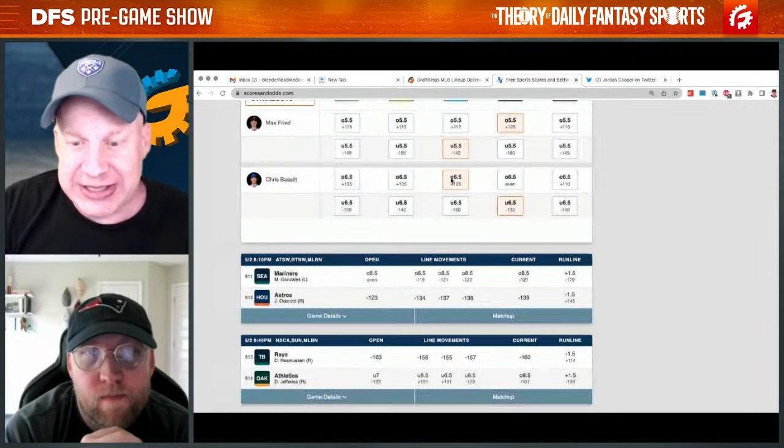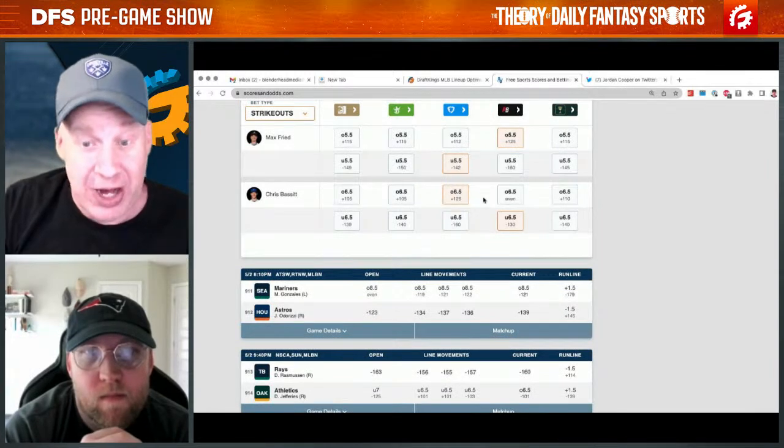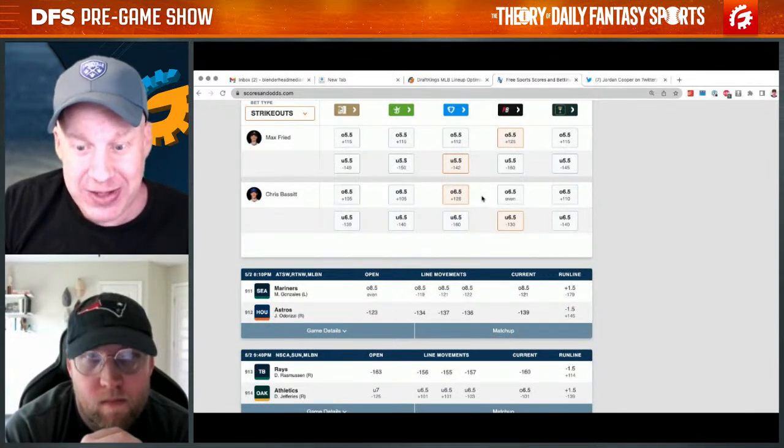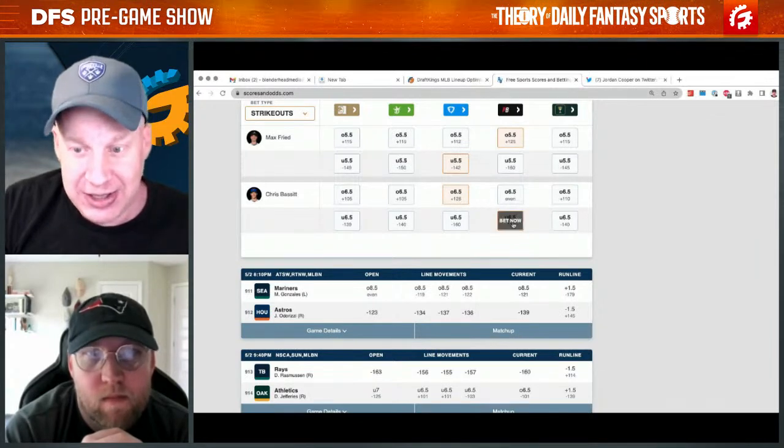So let's say, for instance, Chris Bassett, this line on FanDuel moves to, his over moves to plus 135, okay? Which means you bet 100, you get 135 bucks. PointsBet stays at minus 130 over here, so you bet 100 to win 130.